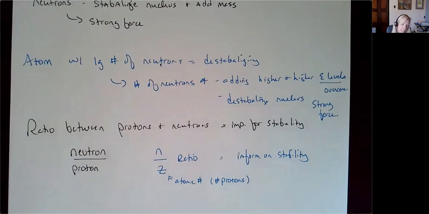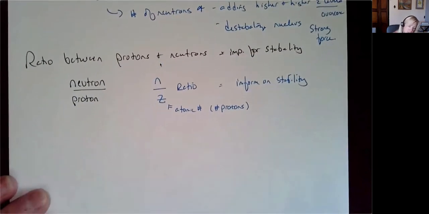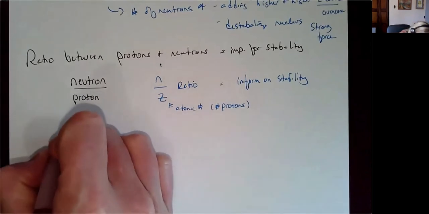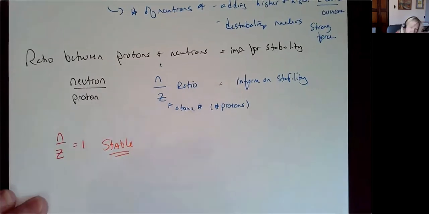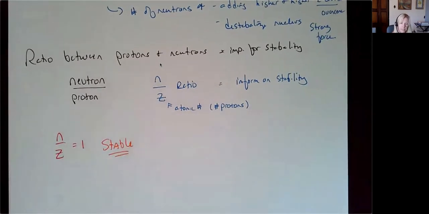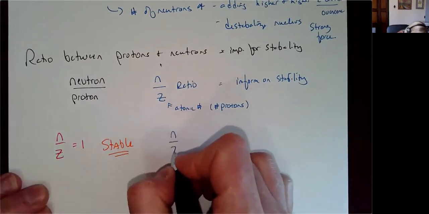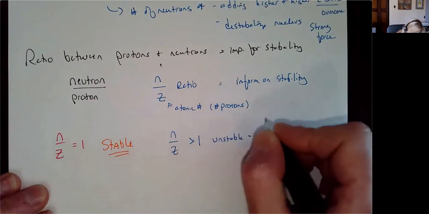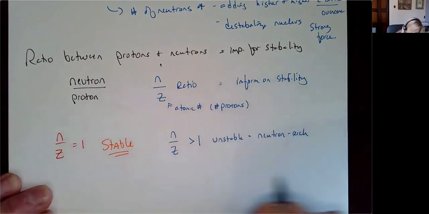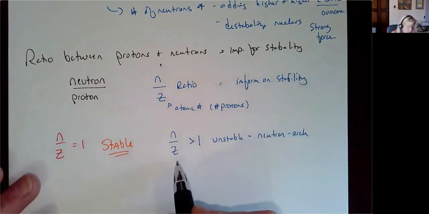I'm going to look at this N/Z ratio. Some of the things I'm going to look for: if my N to Z is 1, then that's a stable nucleus, and it's not going to undergo any type of radioactive decay. If my N over Z is greater than 1, then this is unstable because it's neutron rich, meaning I have too many neutrons per the number of protons.